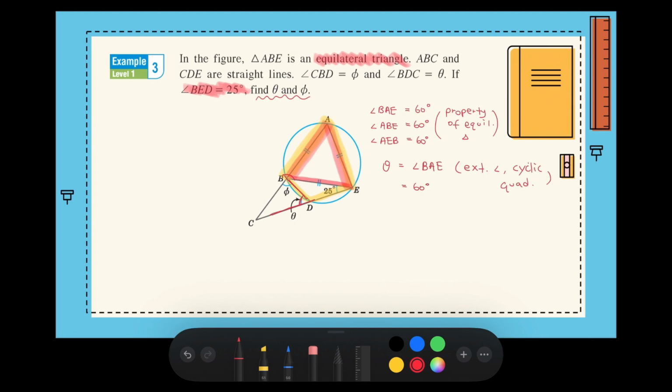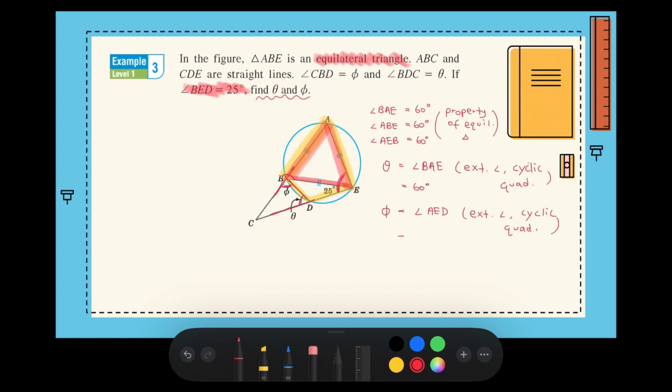Once we've got that, let's look at the other angle. The other angle is also the exterior angle of a cyclic quadrilateral, but this time the interior opposite angle is AED. Let's write it down first. Let's look at AED here.